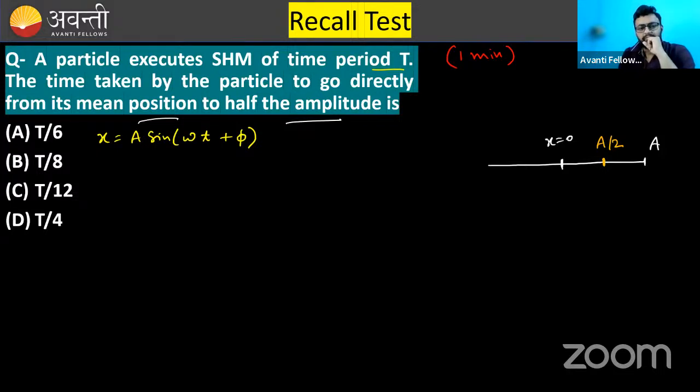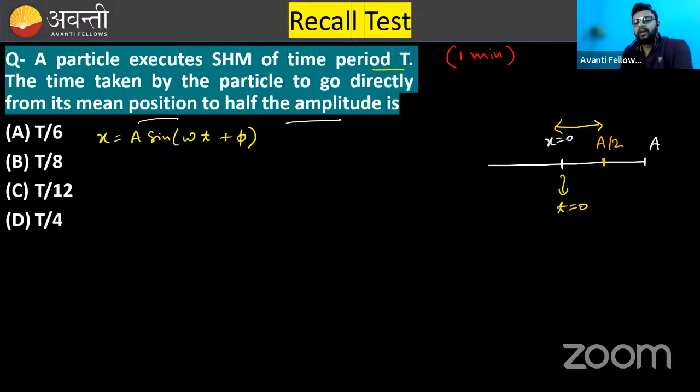Is it clear? φ depends on at which time or position you started watching the motion. They are asking from x equals 0 to A by 2. So the first thing that will come to mind is that I will choose this point as t equals 0, because I am concerned about this time. So I will start my time when the particle is at the mean position. The time is 0 at the mean position.